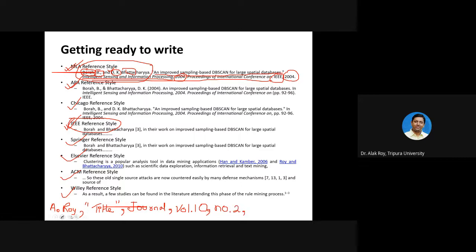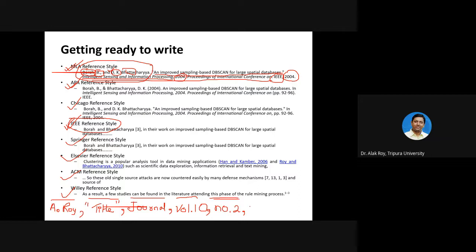So author name first, title of the paper, name of the journal or conference or book, then series, that is volume number, and series number, sub series number.